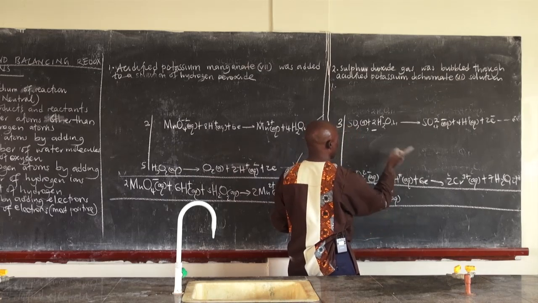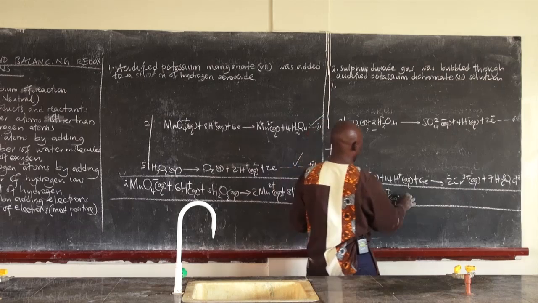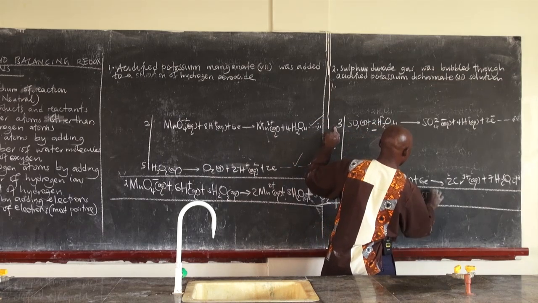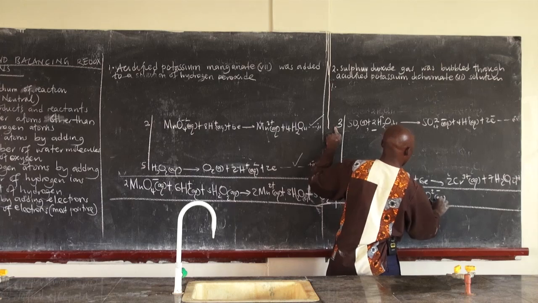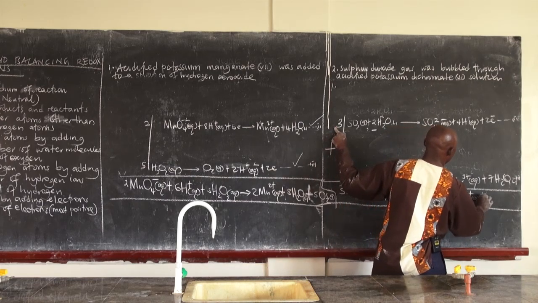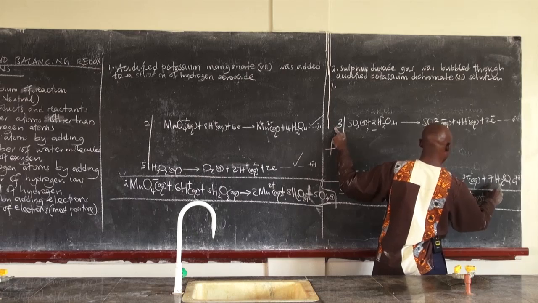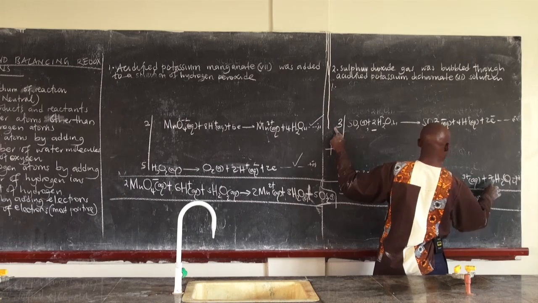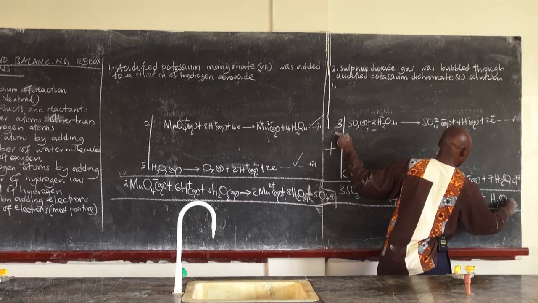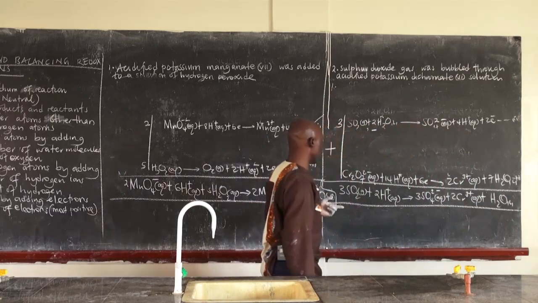So this side gives us 3 sulfate ions plus 2 chromium(III) ions, plus 7 water molecules, but they became 7 minus 6. This is 1 water molecule. So that's the equation.